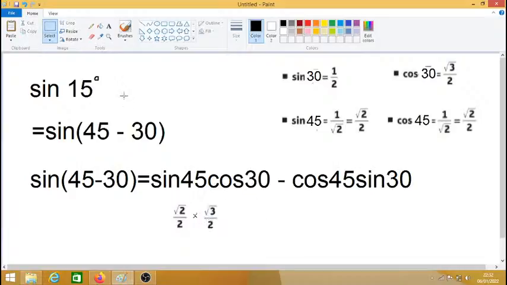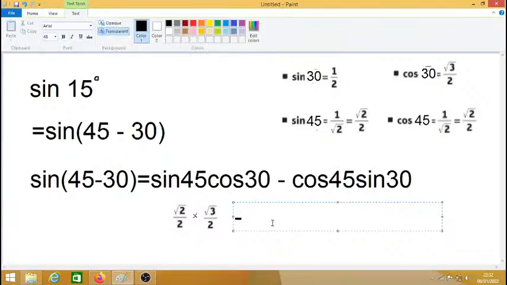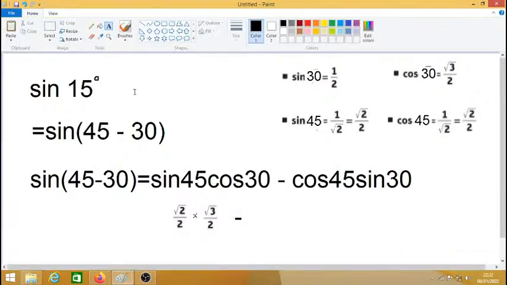And then subtract. We've got cos of 45, which is root 2 over 2. So cos of 45 is root 2 over 2 times by sine of 30, which is just a half. Let's find sine of 30, and that's the half. And bring that down here.